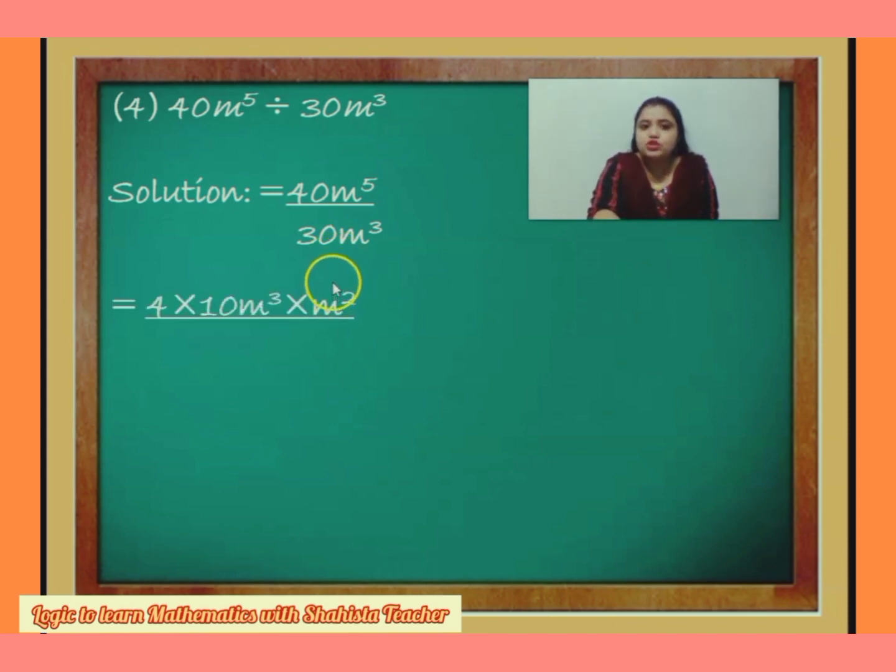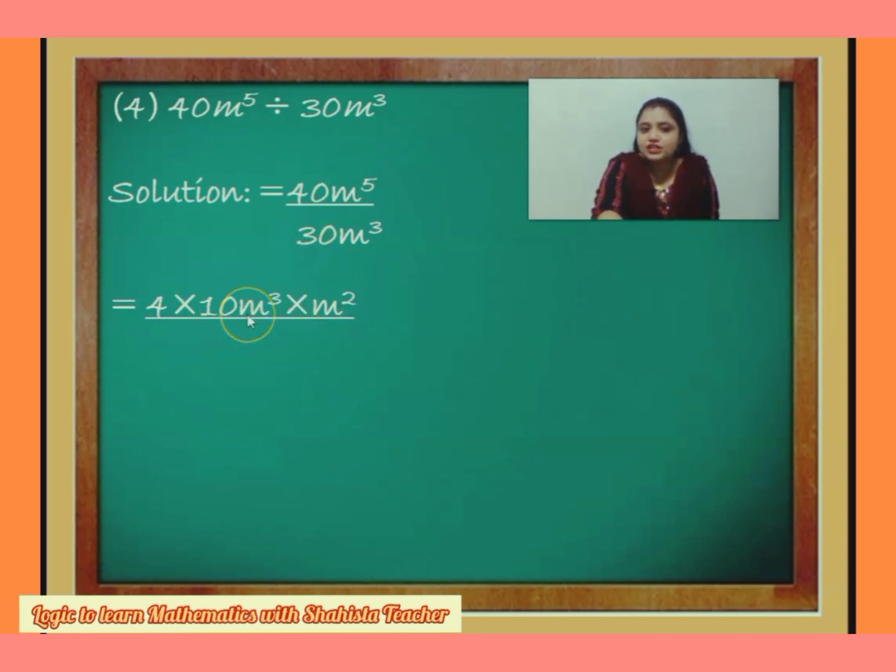Here 4 tens are 40, so 10 m cube multiplied by m square. Here you can see m cube is given. So 4 into 10 m cube multiplied by m square, because m cube times m square gives us m raised to 5, as 3 plus 2 is 5.